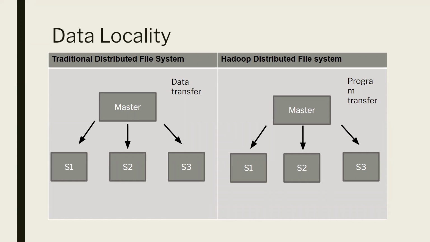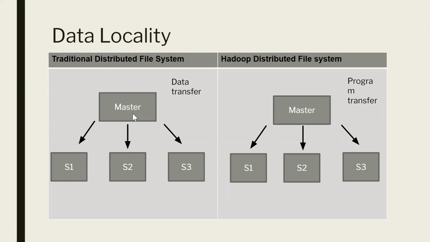Yes, perfect. Now, let me ask you this question. Right now we will be focusing on the left-hand side, where we are doing the data transfer. Rupesh, you have a master system which has a 1 GB file, and you have 3 slaves, S1, S2, and S3. These 3 slaves have a program.